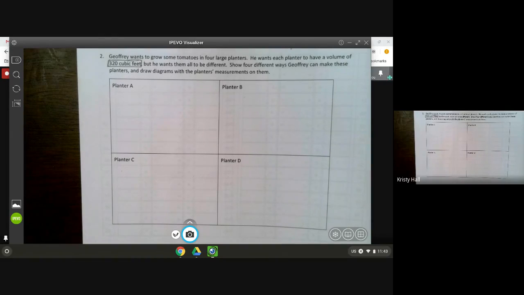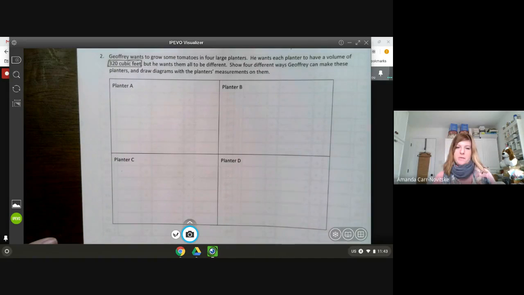So to find volume, we're multiplying 3 numbers. So if we have to make 4 different ways to get to 320, what are we really looking for? What do we have to figure out? Think about working backwards, you guys.